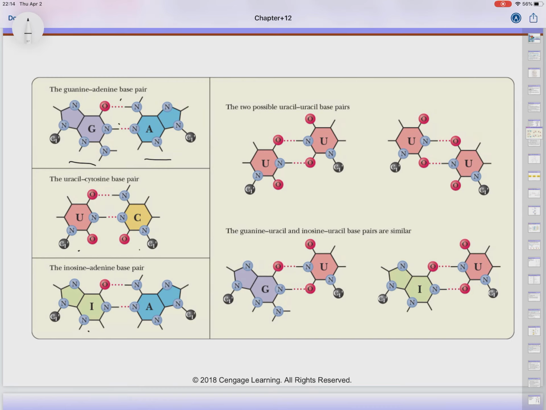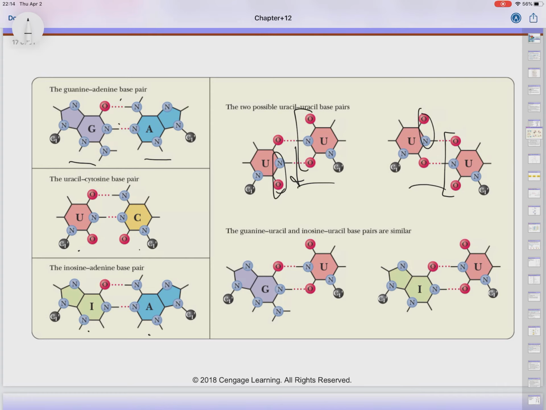Here we see hypoxanthine pairing up with an A. Uracil can form two types of hydrogen bonding. You can see this just kind of shifting it down, and then it's down here on these two as opposed to these two. Anyways, so we have some hydrogen bonding that is still able to happen.